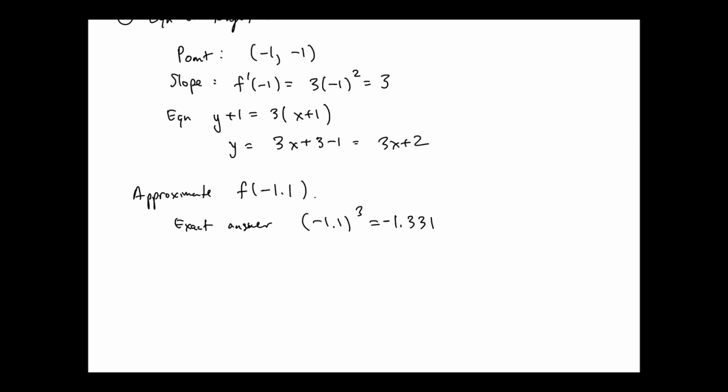So what could we do instead? What we could do instead is let me call this function that we came up with L of x, L because it's a line. Okay. What I want you to do is plug in that.